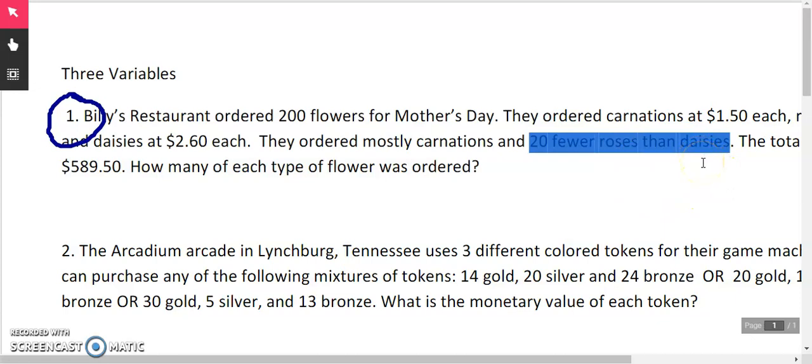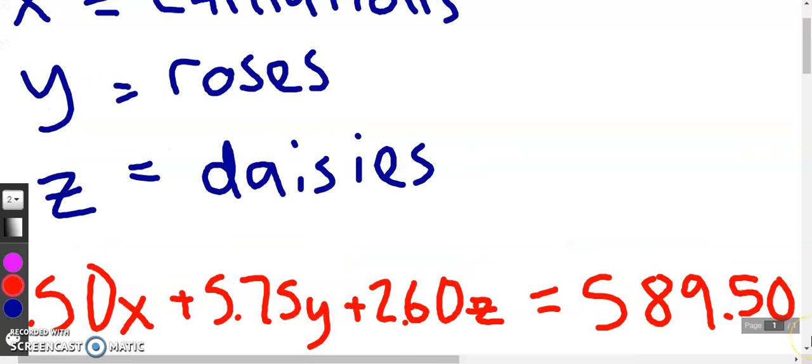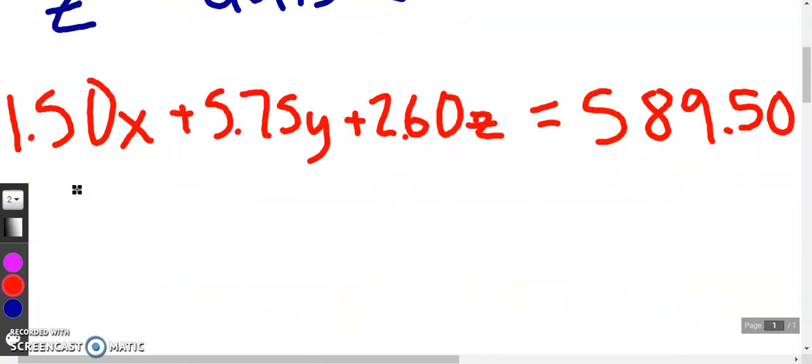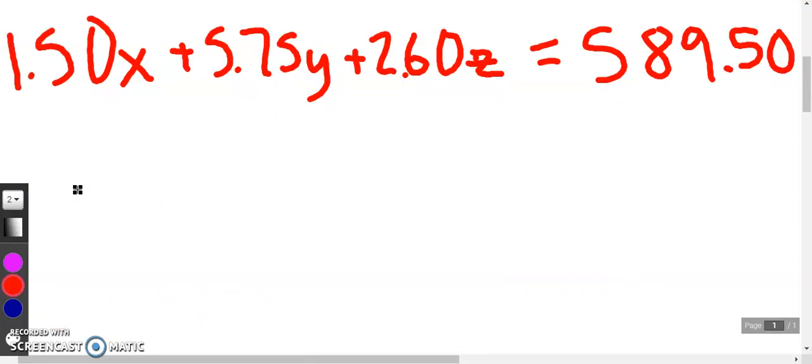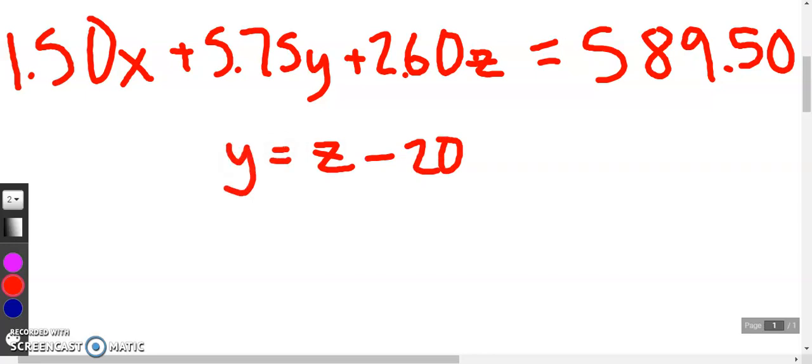So I'm going to use this to write another equation. If I have 20 fewer roses than daisies, that means I want to say that z minus 20 equals y.